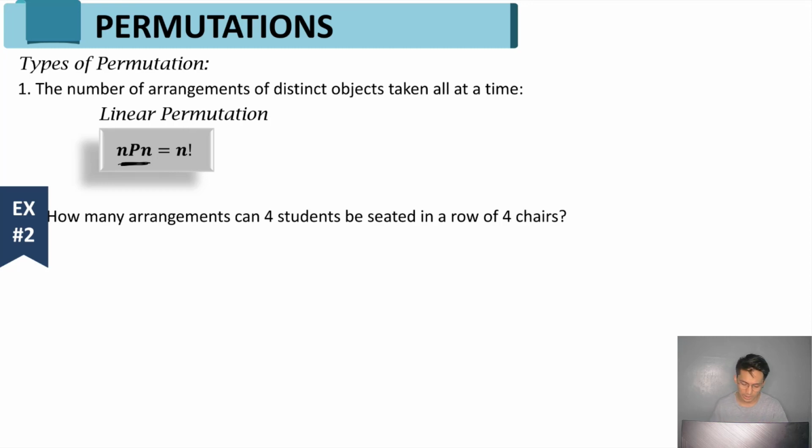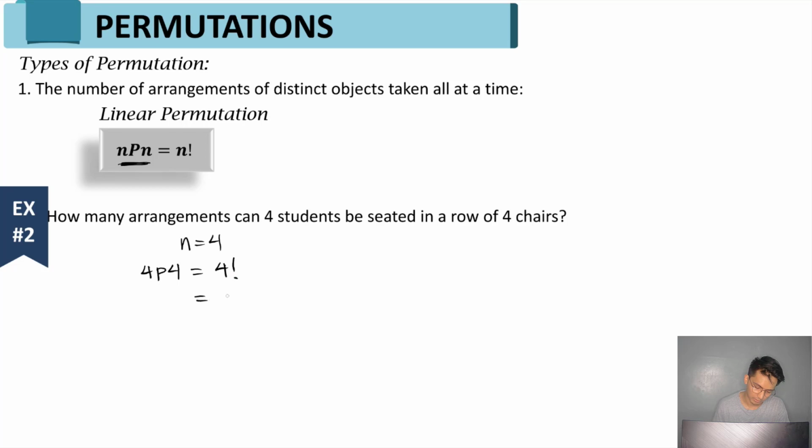Using the formula, para malaman natin kung ilang arrangements ang magagawa natin dun sa students na 4 na iupo natin sa 4 chairs. So, we have nPn is equal to n factorial. Ang n natin is 4. Taken all at a time, we have 4P4 is equal to 4 factorial.